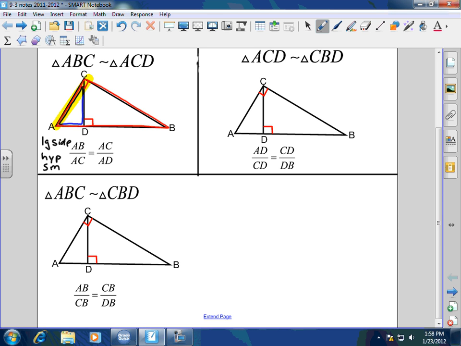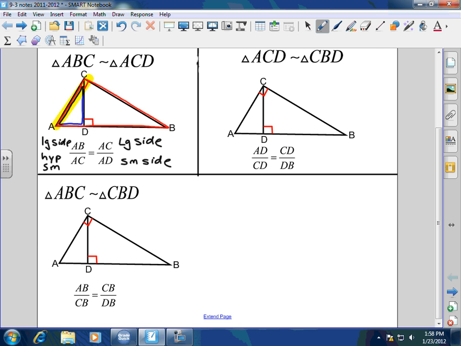Now, that is a shared side. So not only is it the hypotenuse of the small blue triangle, but it's also the large side of the red large triangle to AD, which is the small side.